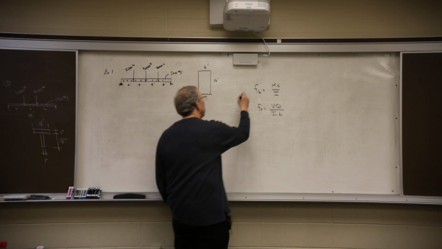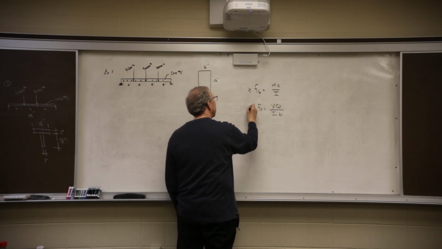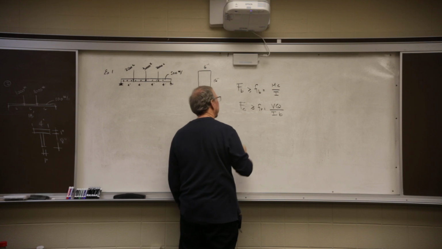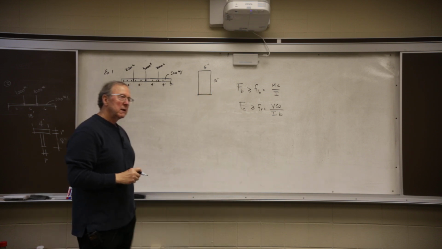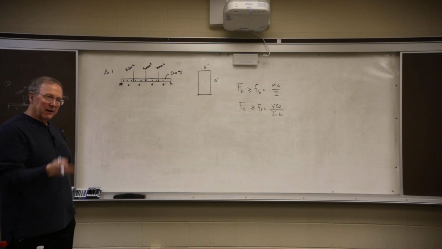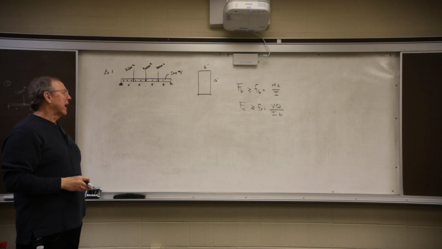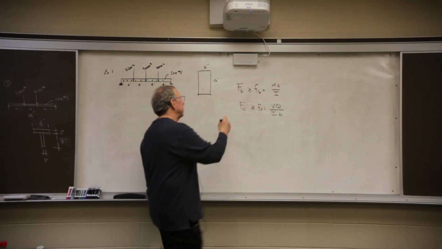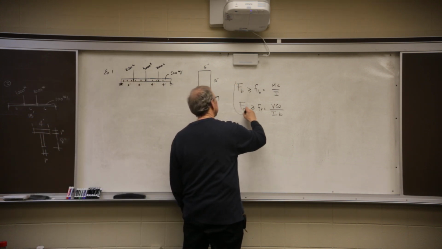In the real world, we have to put an inequality here and put big F's there, just like we did before. Okay? When we did the axial, we had two sides. The left side, the big is the allowable, the little is the actual. Once again, these come from tables and books.